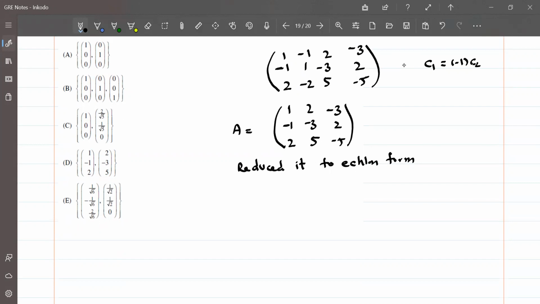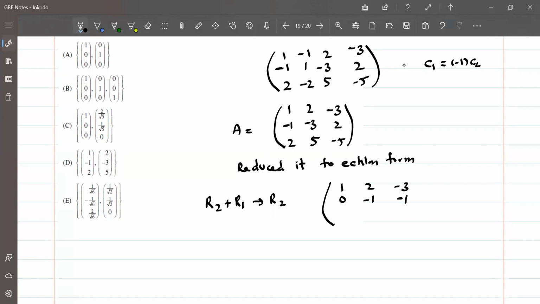If we change R2 to R1 plus R2, we get 1, 2, -3. Then 0, and -3 plus 2, which is equal to -1, and 2 minus 3, which is again equal to -1.